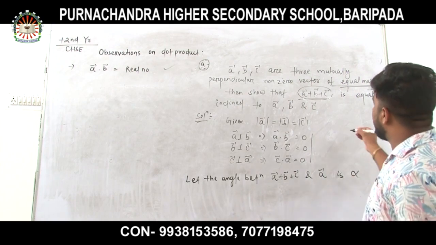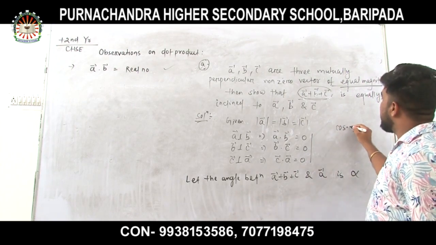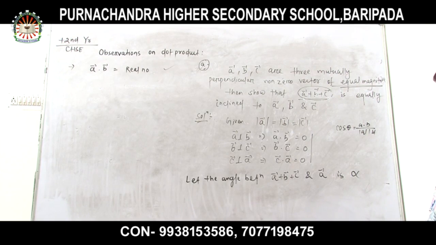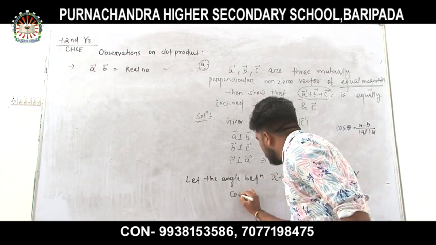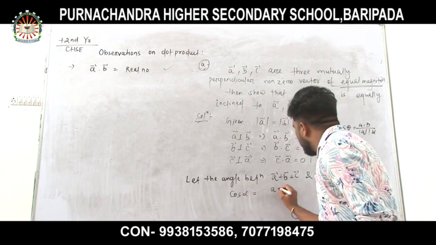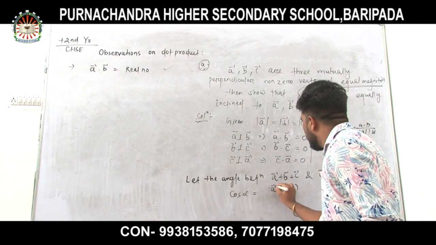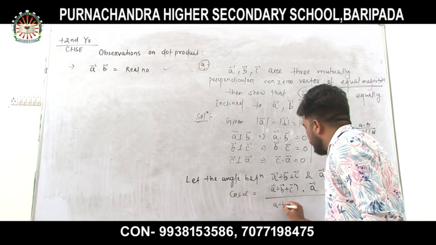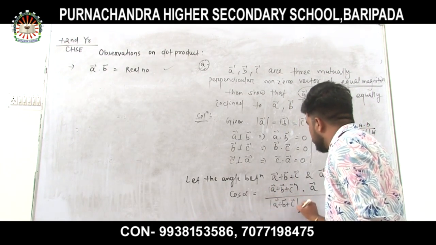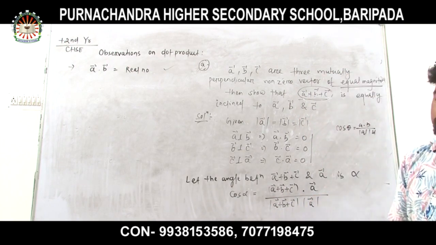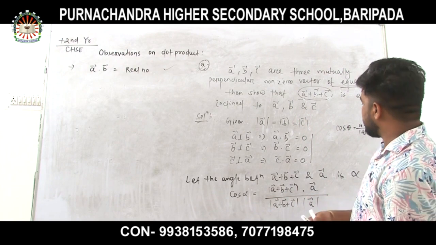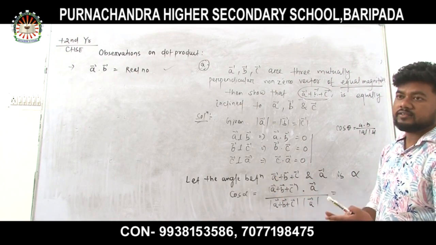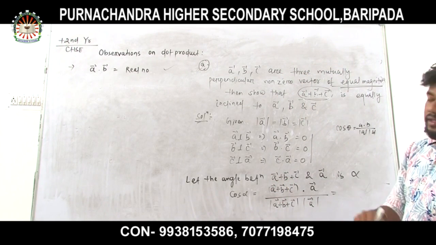We know the formula: angle between two vectors, cos theta equal to A dot B by magnitude of A times magnitude of B. So cos alpha is equal to (A plus B plus C) dot A by magnitude of A plus B plus C. This is A dot A, that is A square in particular.